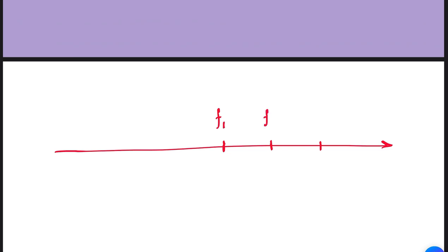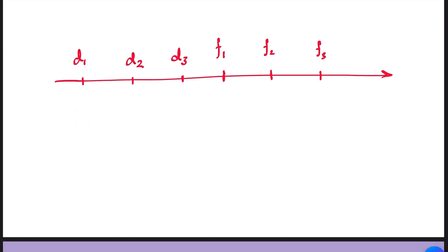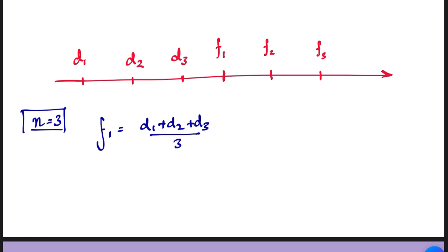Just to clarify, suppose we have a number line and we have to predict three demands, f1, f2 and f3, and we have the values d1, d2 and d3 present. Suppose we take n equals 3. Then f1 equals d1 plus d2 plus d3 divided by 3.